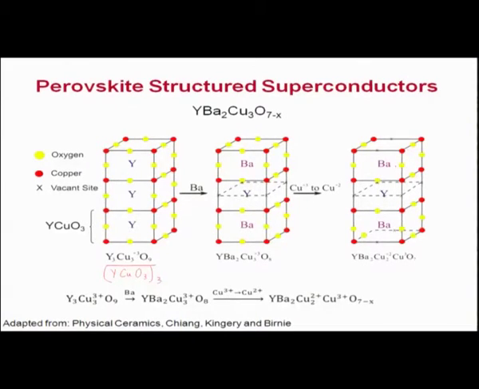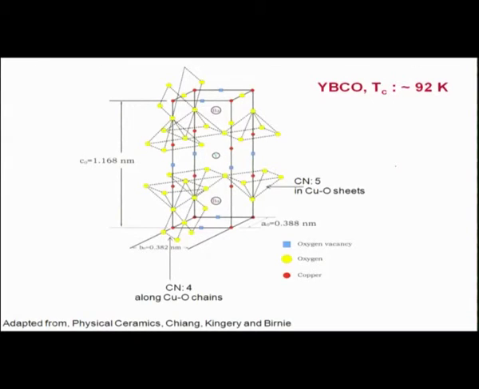It does not have the typical octahedral coordination. For example, the copper in these positions has 5-fold coordination because the one oxygen on top has gone missing, which was present earlier. So, instead of 6-fold coordination, you end up having 5-fold coordination. Here, because you have oxygens missing on this side as well as on this side, the copper is surrounded by now 4 oxygen atoms.